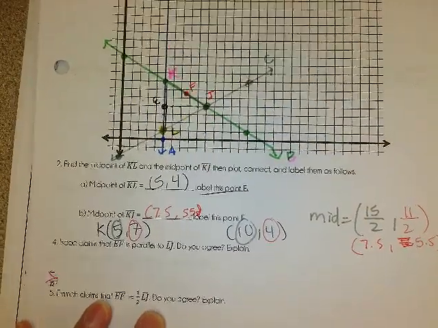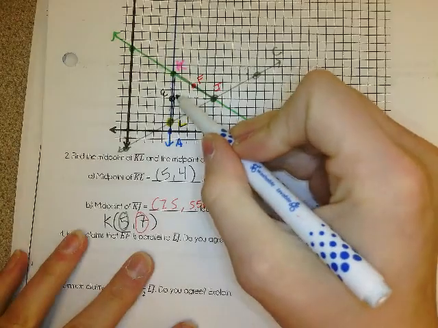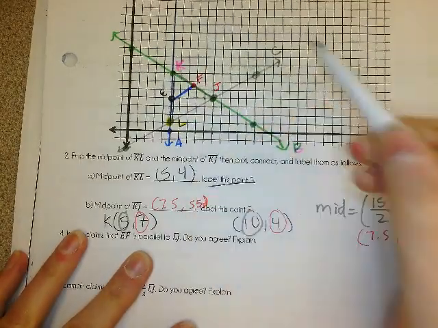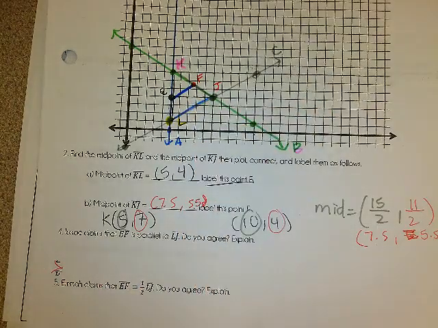Alright, so now Isaac claims that EF is parallel to LJ. Do you agree? So let's make EF. Okay. Alright, so we want to prove that those are parallel. Alright, how do we do that? We can do the slope formula, or we can try to count.